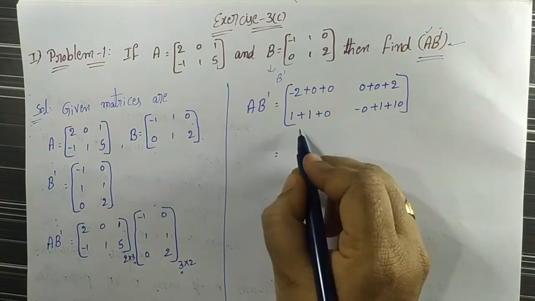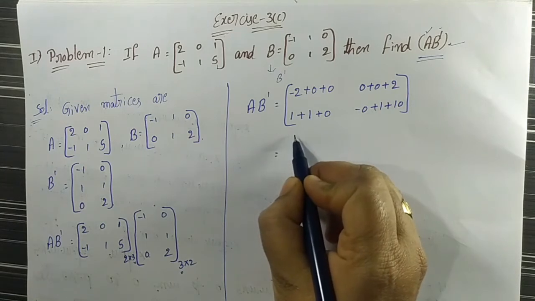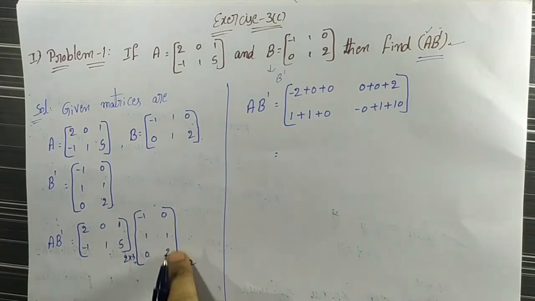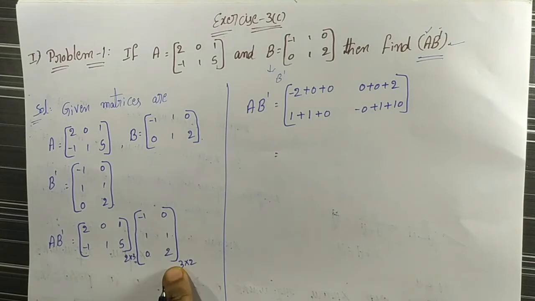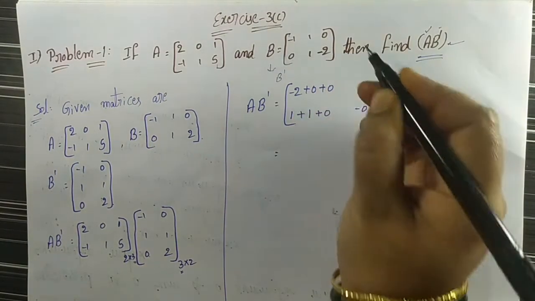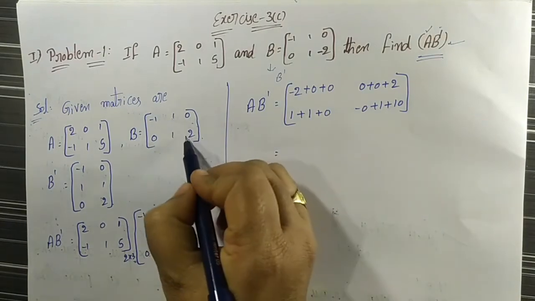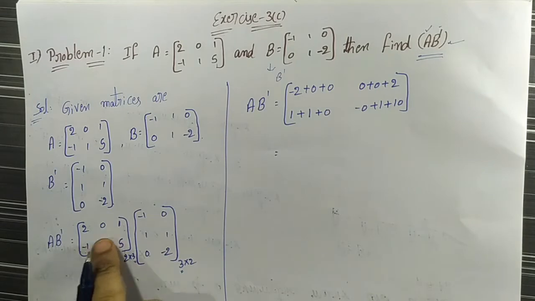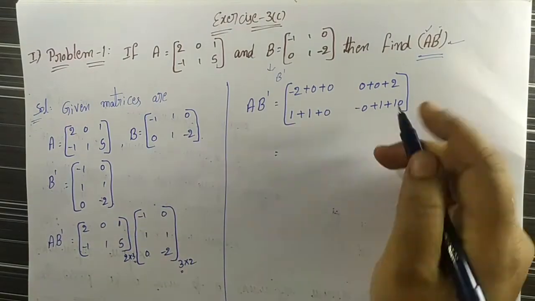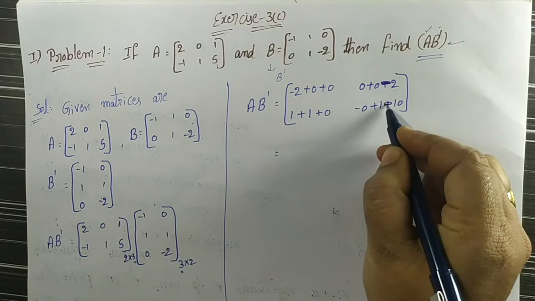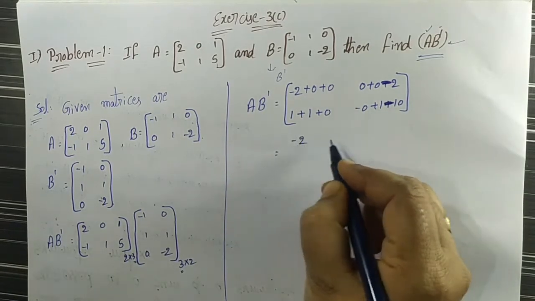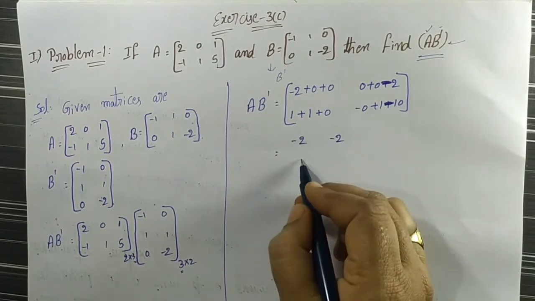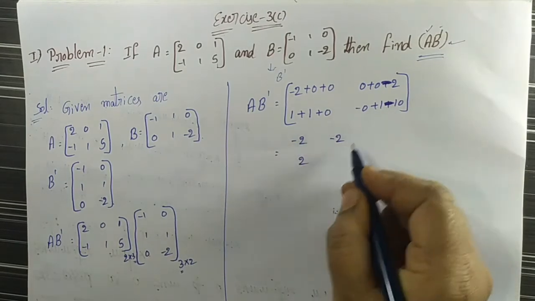That is equal to the matrix [-2 2; 0 11]. Here the second row, first column is minus 1 plus 1.